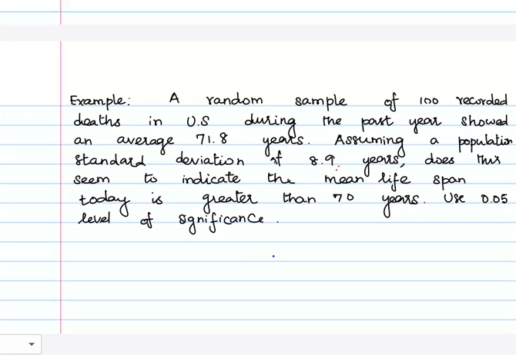Assuming a population standard deviation of 8.9 years, does this seem to indicate the mean life span today is greater than 70 years? Use 0.05 level of significance. That is the problem given.